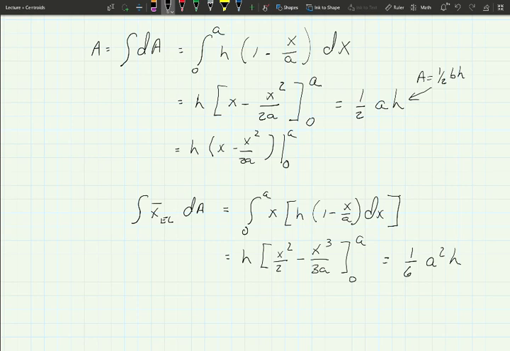So we're going to need this piece and that piece. And if you remember back to the table, we had the area, we had the x bar, and we had the x bar times a.